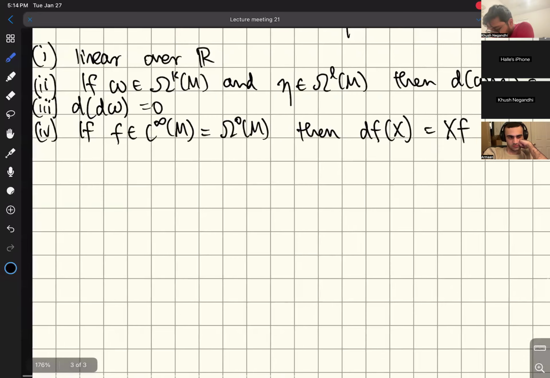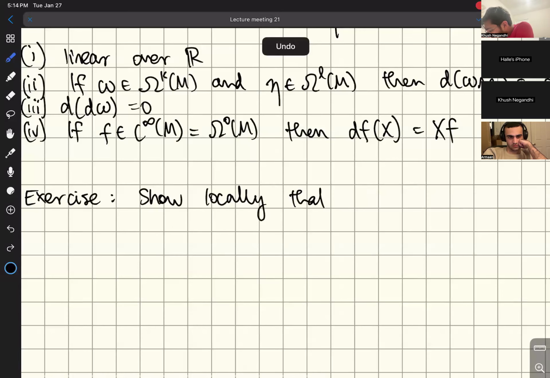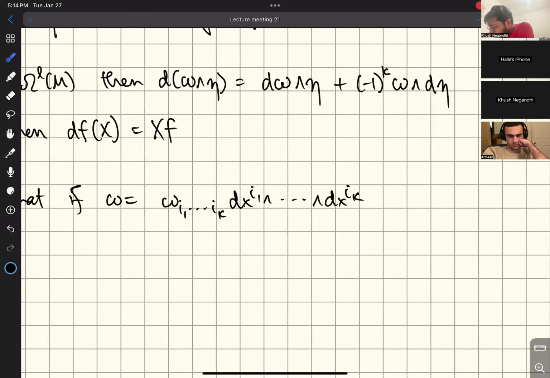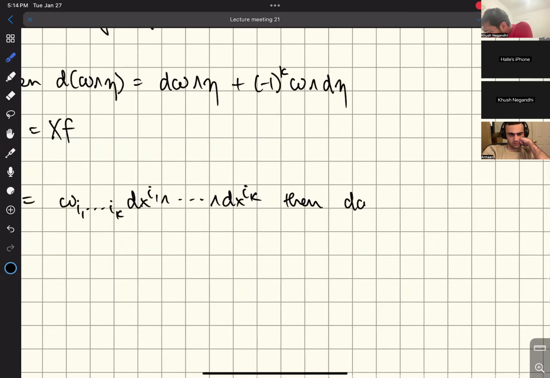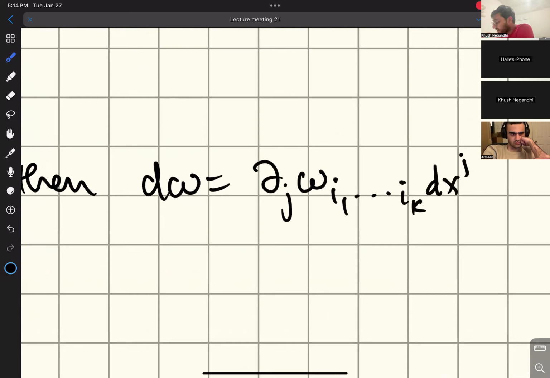So as an exercise, show locally that if omega equals this K form, then d omega, all I'm doing is I take the partial with respect to j of each of the component functions, and I stick in a dxj and then take the wedge with everything else.